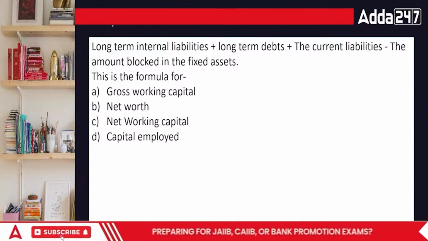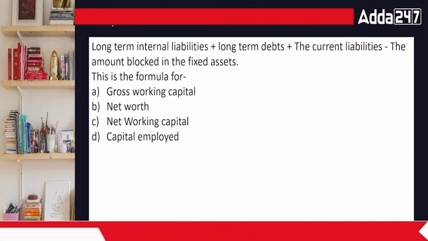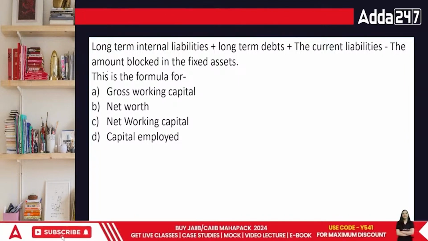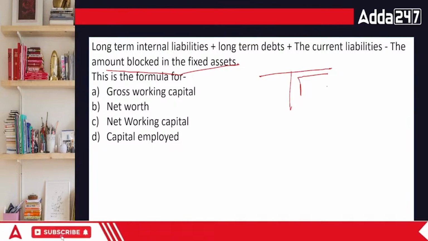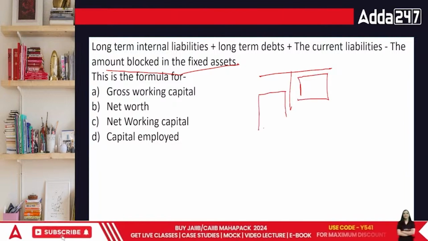What's going to be the answer? Long-term internal liabilities plus long-term debts plus current liabilities. Acha, we are looking at all the liabilities except equity, yeah? And we are looking at all the fixed assets. Can you see we have got all the fixed assets here. We have got the internal liabilities and all the money that we are paying plus the current liabilities as well.